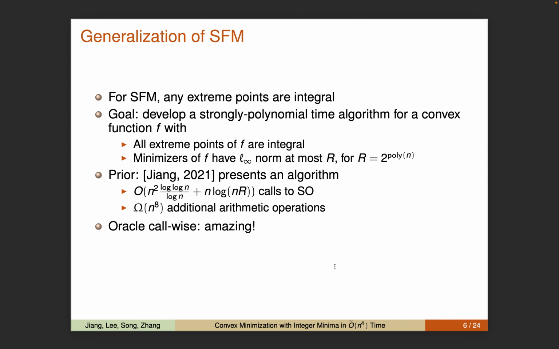So from an oracle call perspective, this is an amazing algorithm. Subquadratic is highly non-trivial, and as we will see later, this extends to subcubic oracle call algorithms for SFM. However, if one considers the number of arithmetic operations, this algorithm is not super practical in the sense that it takes a super long time to run.